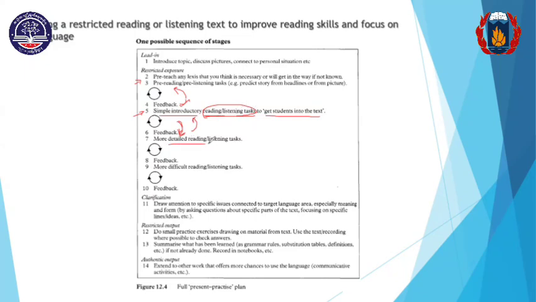And this time, a more detailed task, and also a feedback session again. Then a more difficult reading task, and the last one is a feedback session. After that comes the clarification stage. Leading, restricted exposure, clarification.